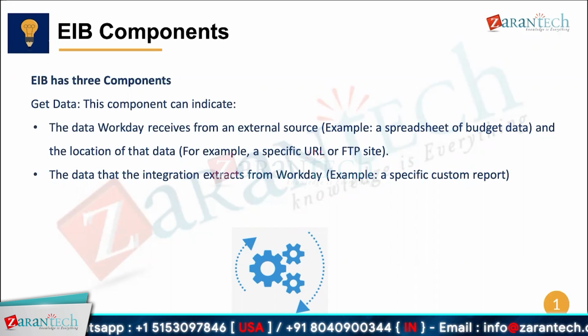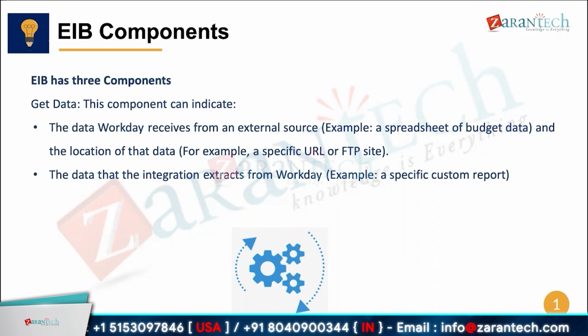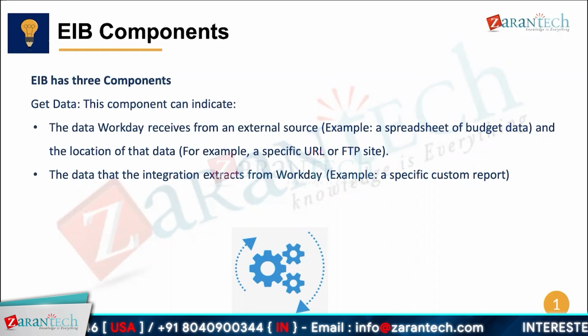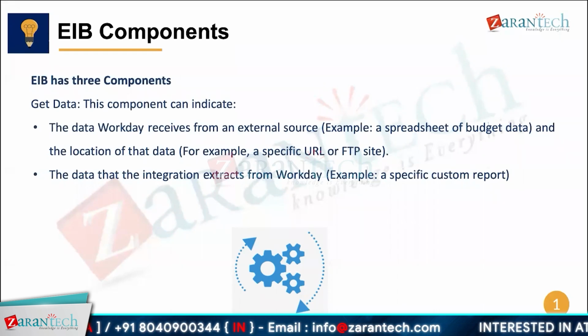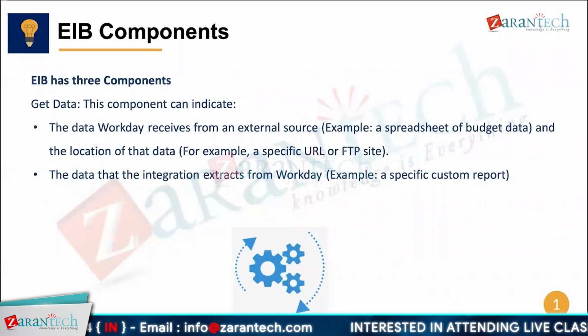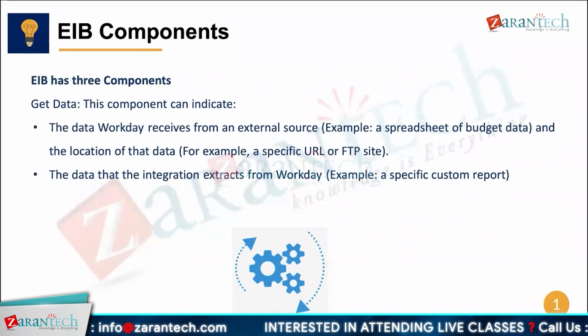For example, as I mentioned, a headcount report, there can be other examples as well. So we have a specific custom report, and based on that we can build the integration. So the first component was get data, that is, what is the source of the data.